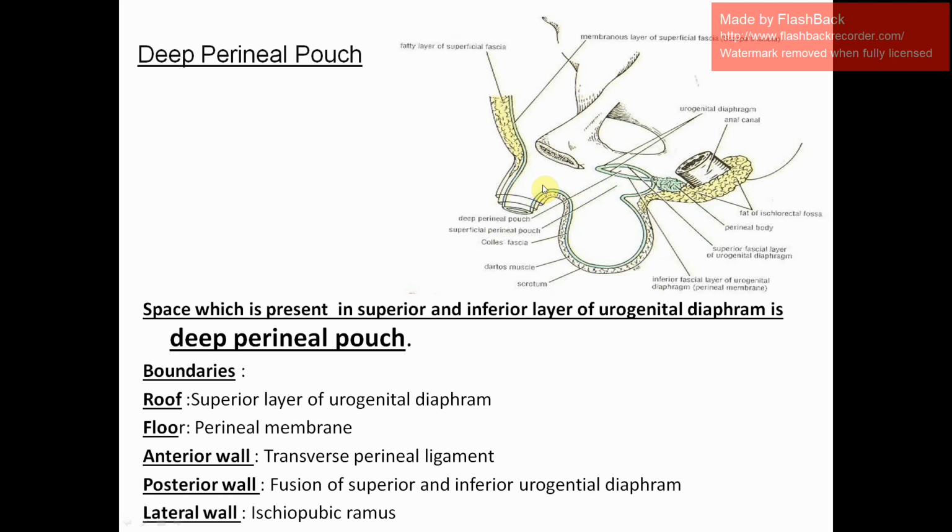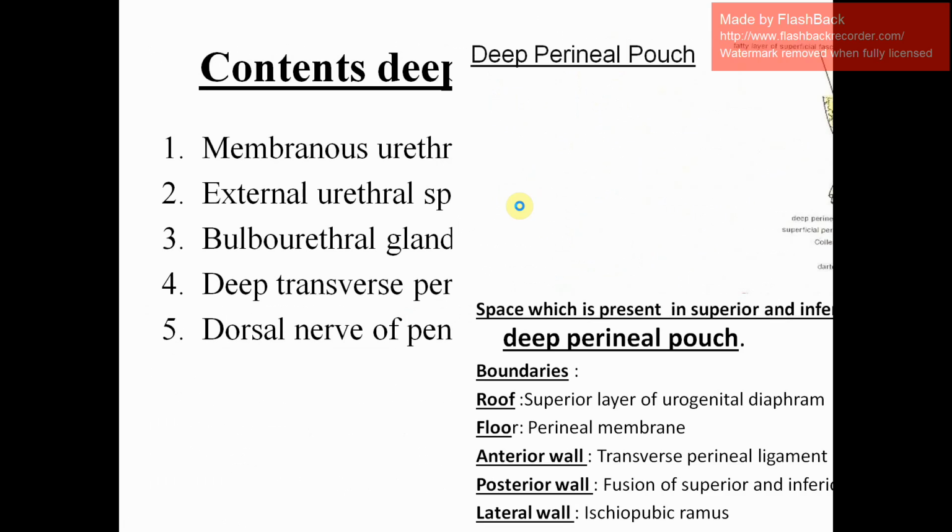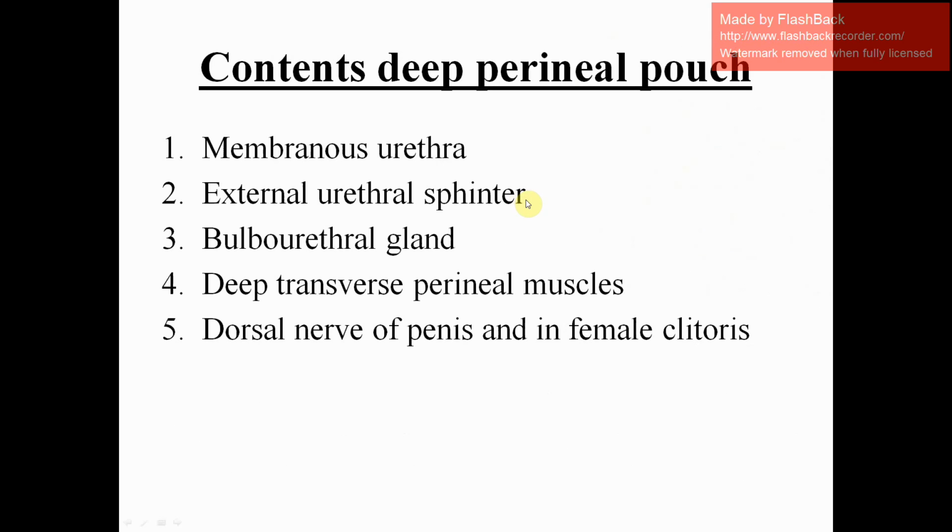From the deep perineal pouch, the urethra is passed. So the contents of the deep perineal pouch are the membranous urethra, external urethral sphincter, bulbourethral gland, deep transverse perineal muscle, dorsal nerve of penis, and in female, clitoris.